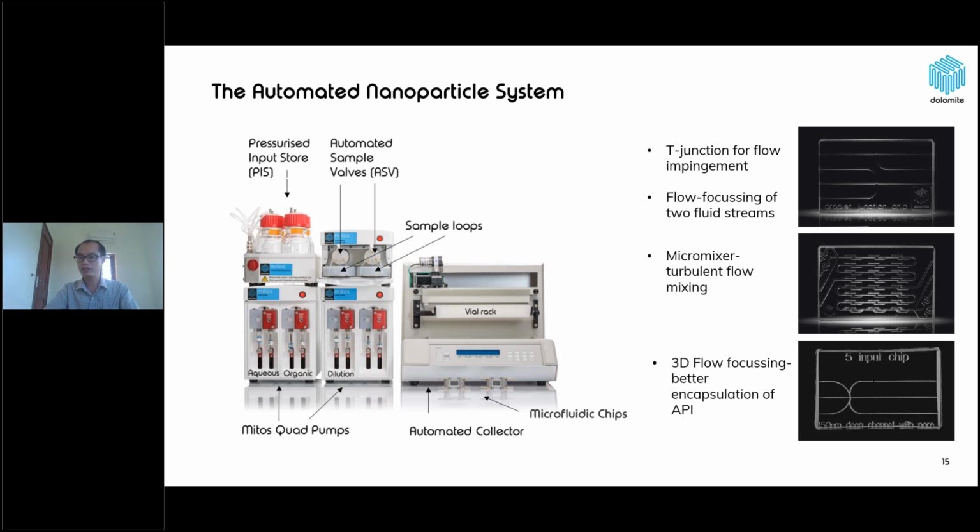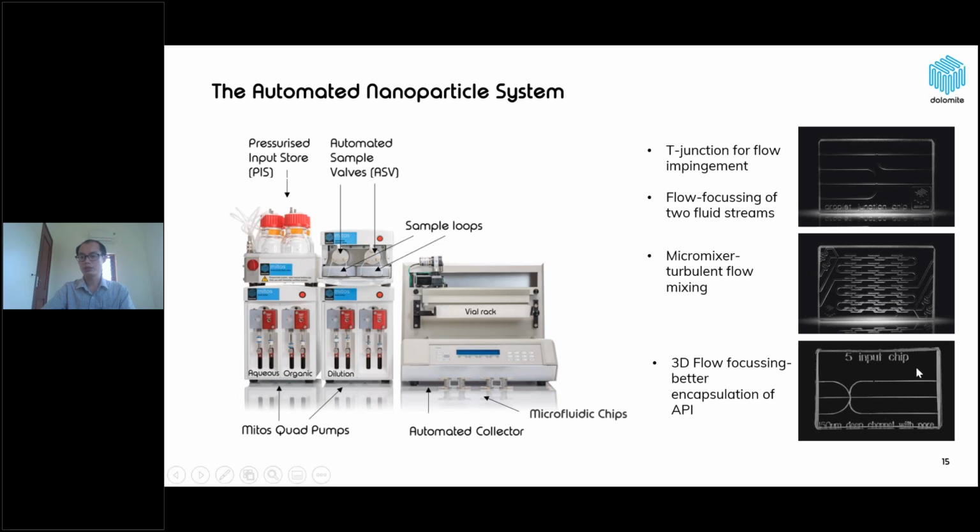So using different chip geometry, we can achieve different targets, like using the T junction for flow impingement and flow focusing of the fluid stream, or using the micromixer chip with turbulent flow mixing with increased mixing ability, and therefore you can achieve a smaller range of particle sizes and a higher throughput production rate.